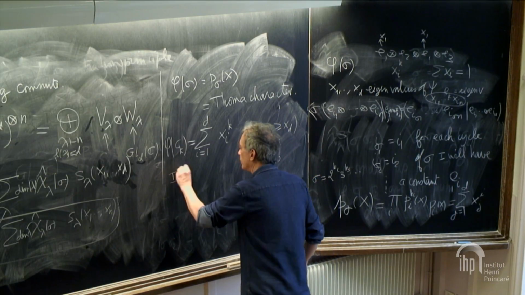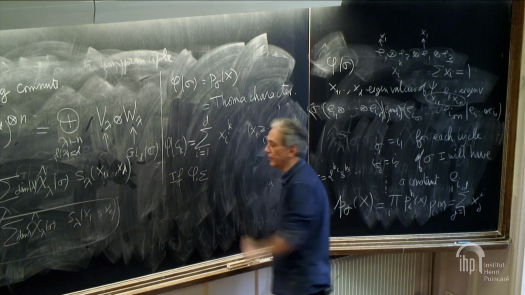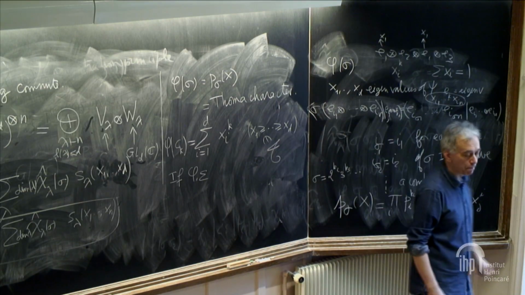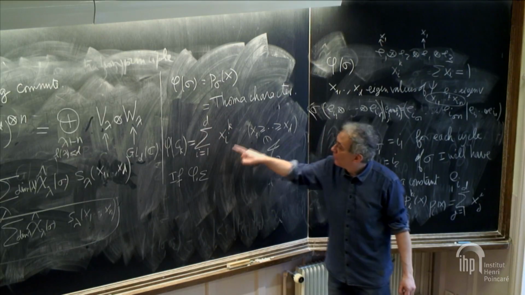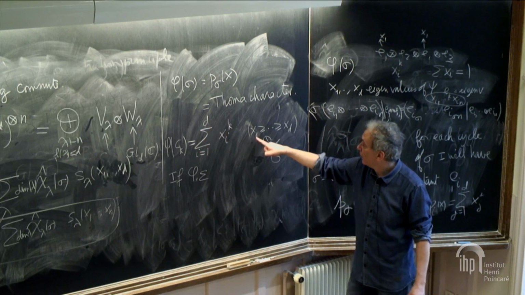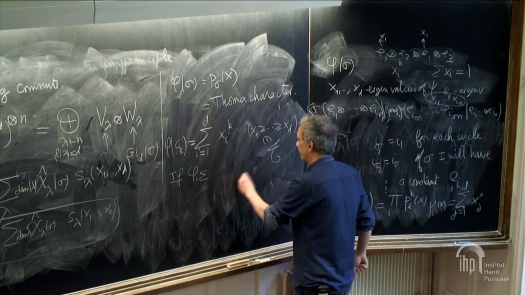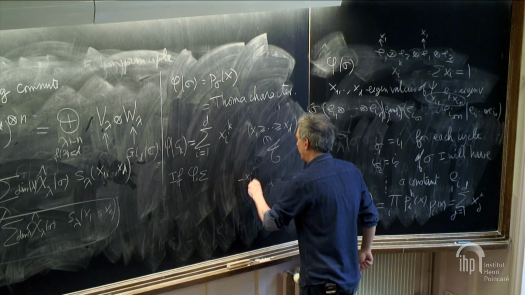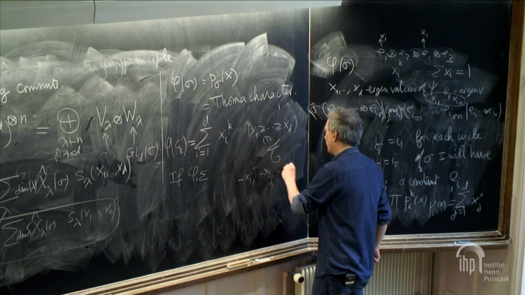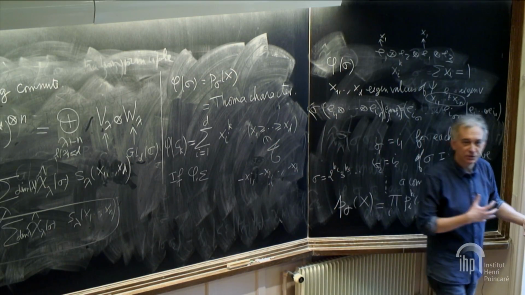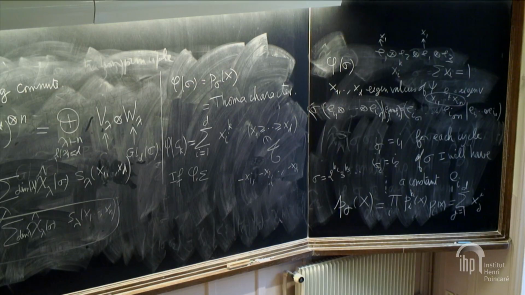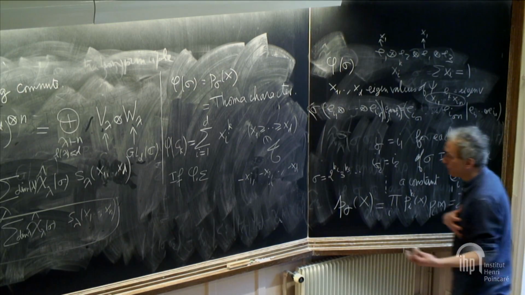If you consider phi times epsilon, where epsilon is the signature of a permutation, then what you obtain is a Thoma character with a (-1)^k here, corresponding to the sequence minus x1, minus x2, minus xd. So a sequence in the Thoma simplex consisting of negative real numbers.